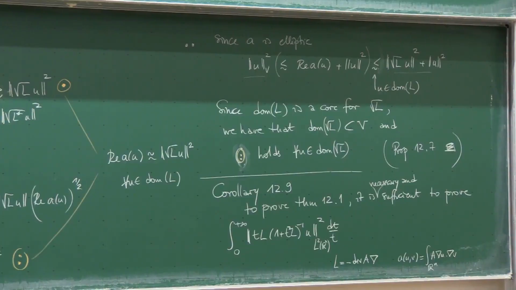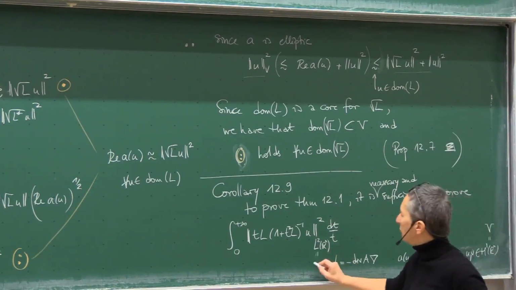With A a complex valued matrix which has good properties so that everything works, so coercive, bounded coefficients, and so on. So this is for u and v in H1 of Rn. So this is our space V. H is L2.